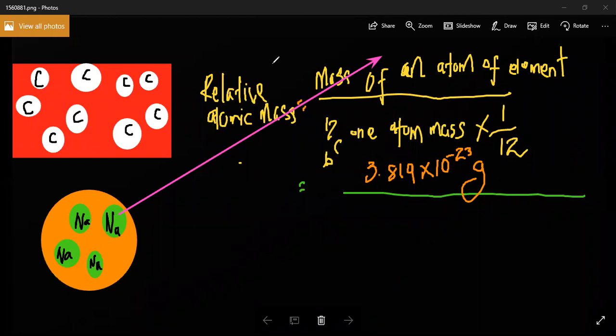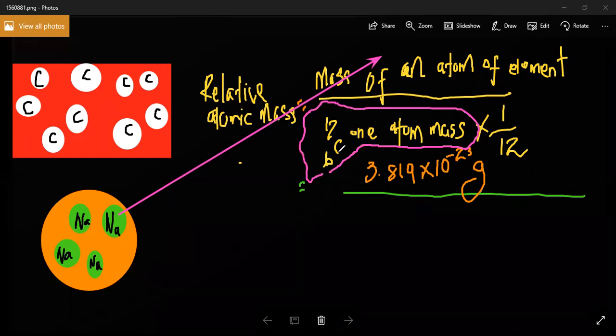Now, here, what is this? That's a point you must know. This is the mass of one atom of carbon-12. In your book it is given as N atom, but grammatically it's wrong.